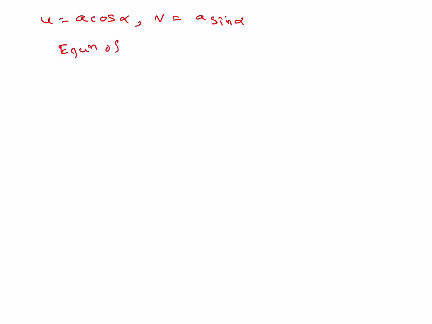Equation of streamline: dx by u equal to dy by v equal to dz by w, but the W value is not given, so we have to consider it as 2D flow.